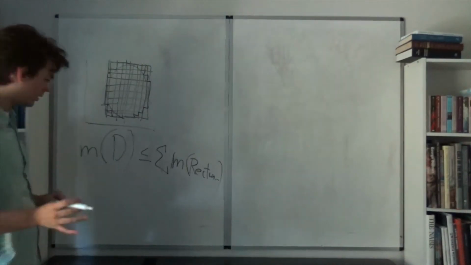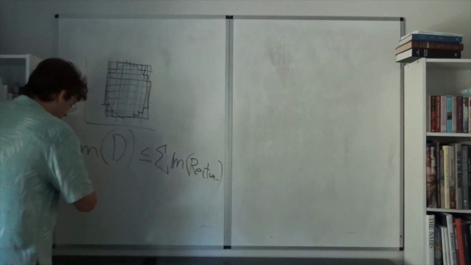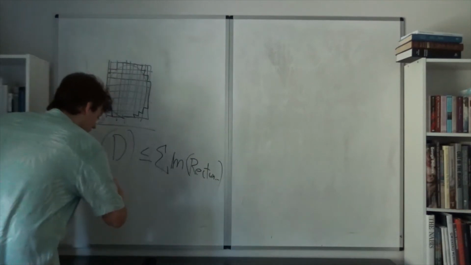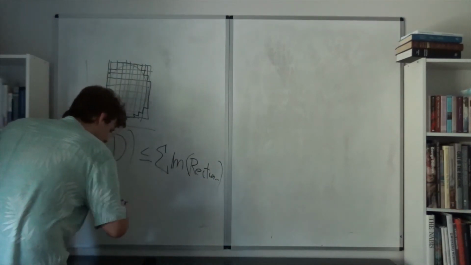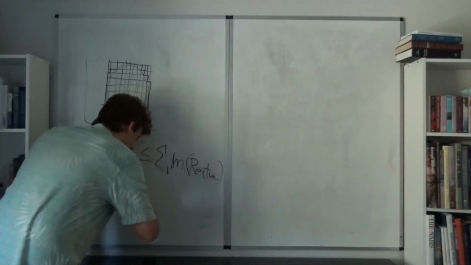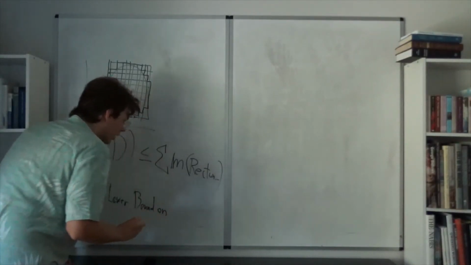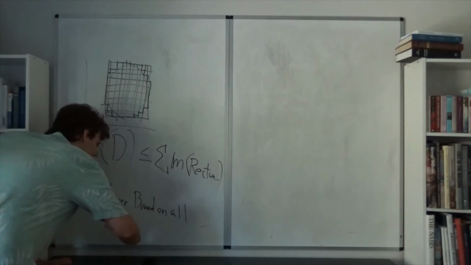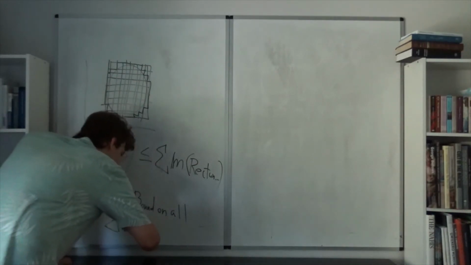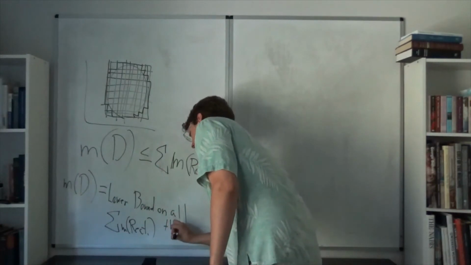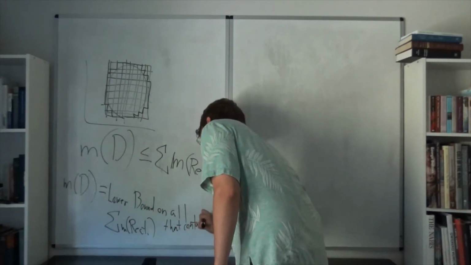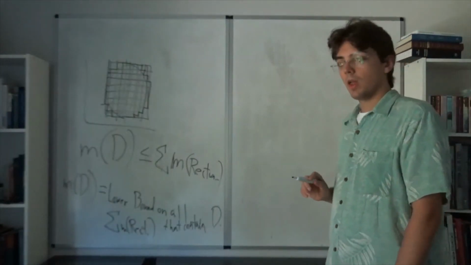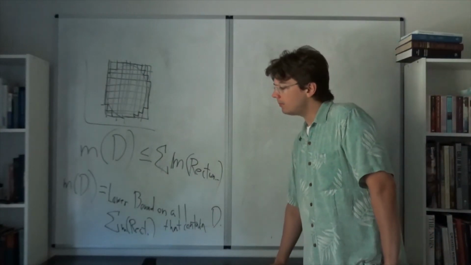So one thing we do here is we say, the measure of the disk will actually equal the lower bound on all of these sums of rectangles that contain D, that contain the disk. That makes sense in its way.